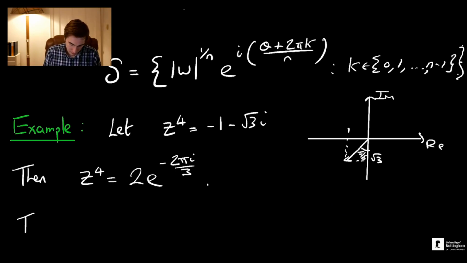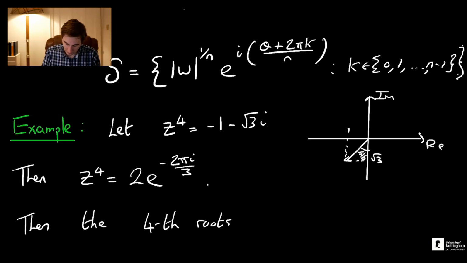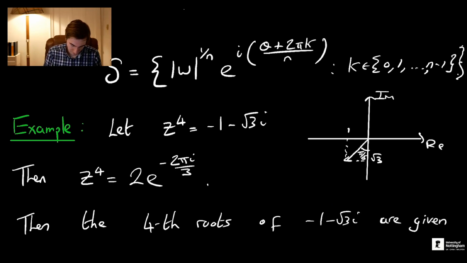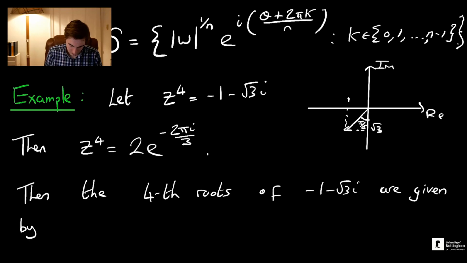So then the fourth roots of minus 1 minus root 3i are given by the elements of the set.